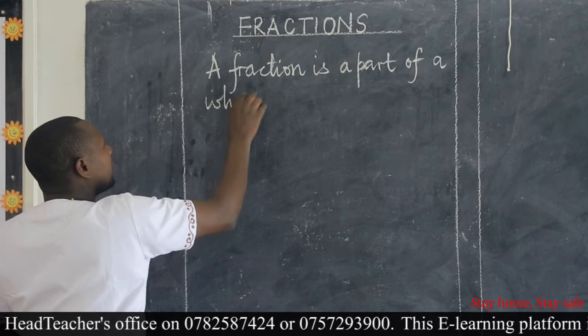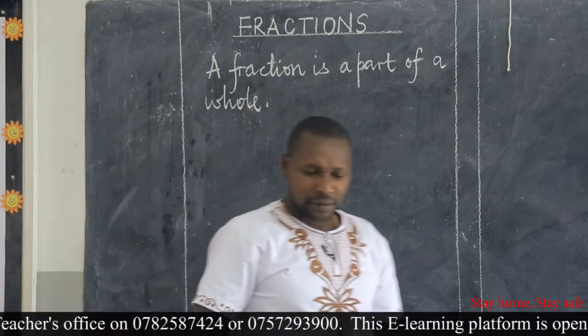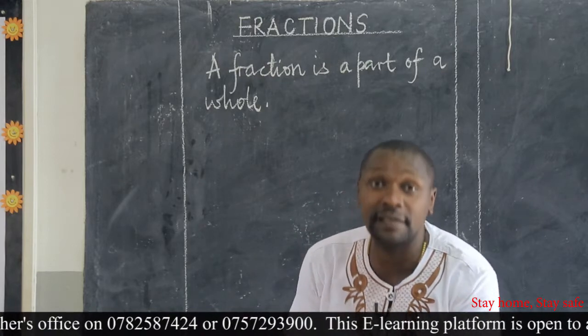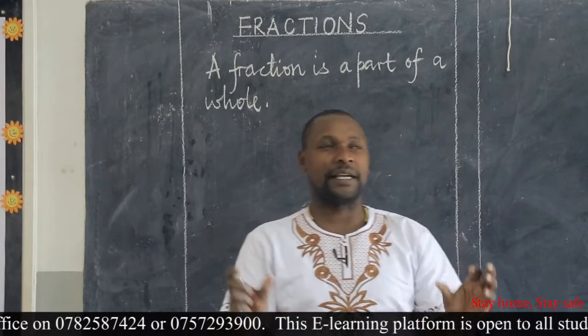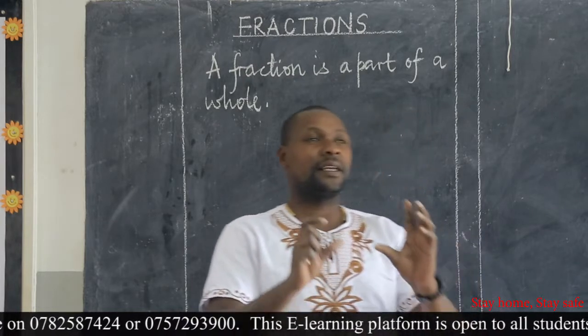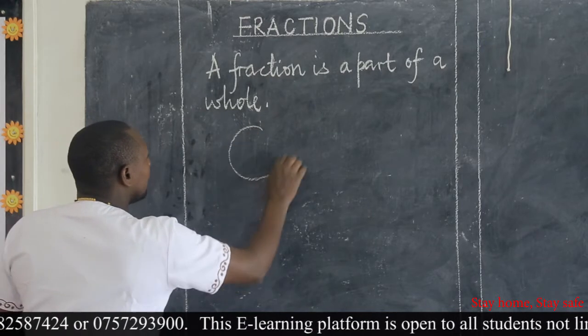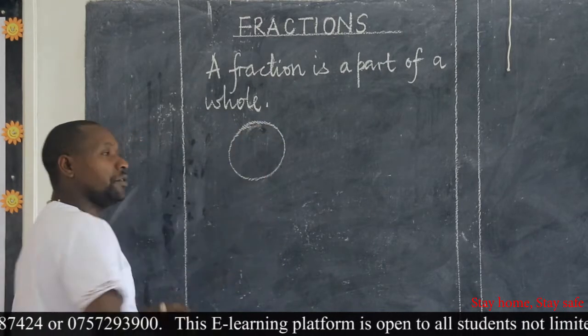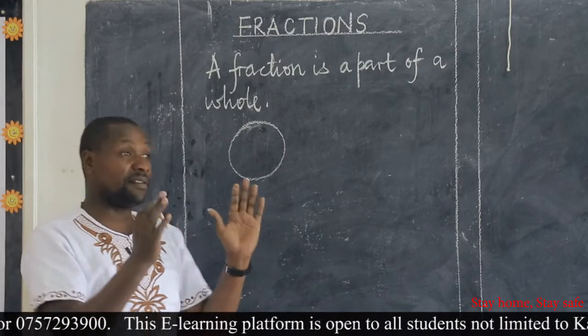You can ask yourself, teacher, what do you mean by a whole? Members, you've ever seen oranges? You have ever seen a sugar cane? You've ever seen a tomato? So, as long as I've drawn my tomato here, assume this is a tomato. This is a whole. It is one thing.